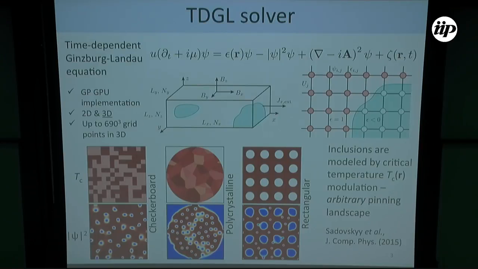We developed a TDGL solver for the time-dependent Ginzburg-Landau equation. It is implemented for general-purpose GPU units. It can simulate a 3D system, up to about 700 cubed grid points.